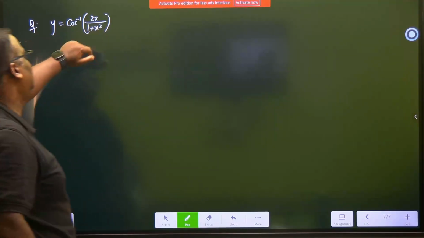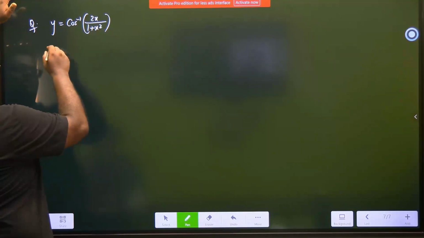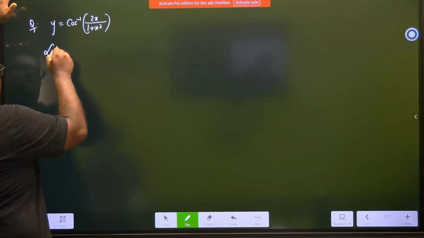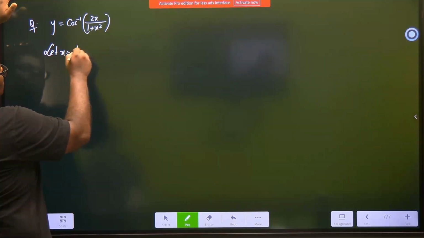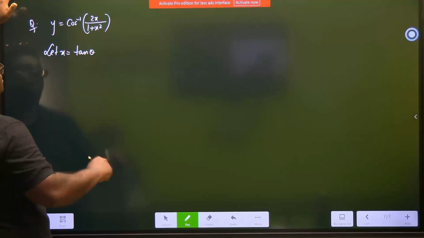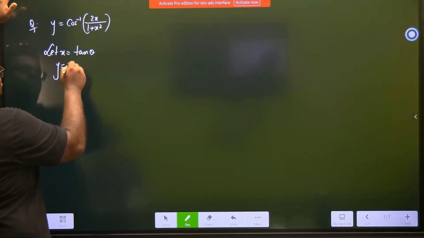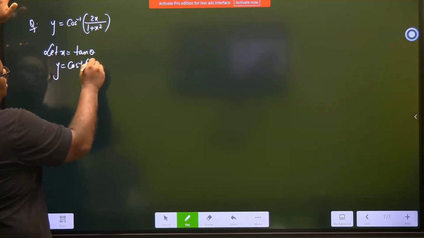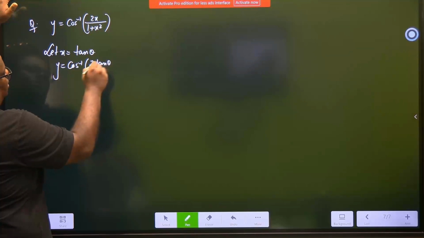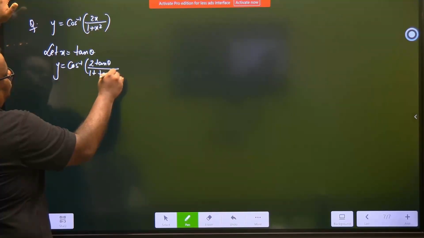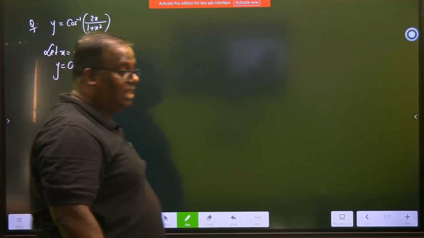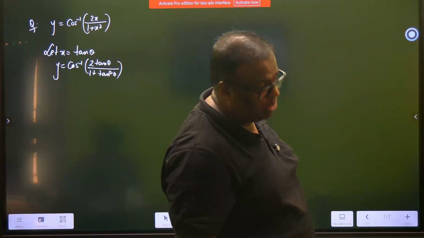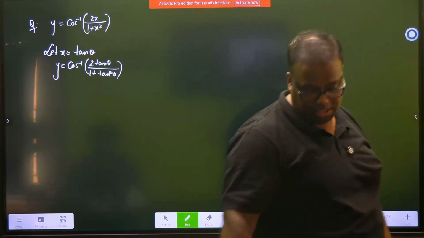Again, this is of the tan theta format. So what do we say? Let x be equal to tan theta. So your y becomes cos inverse of 2 tan theta divided by 1 plus tan square theta. Now see what is the formula of cos 2 theta.